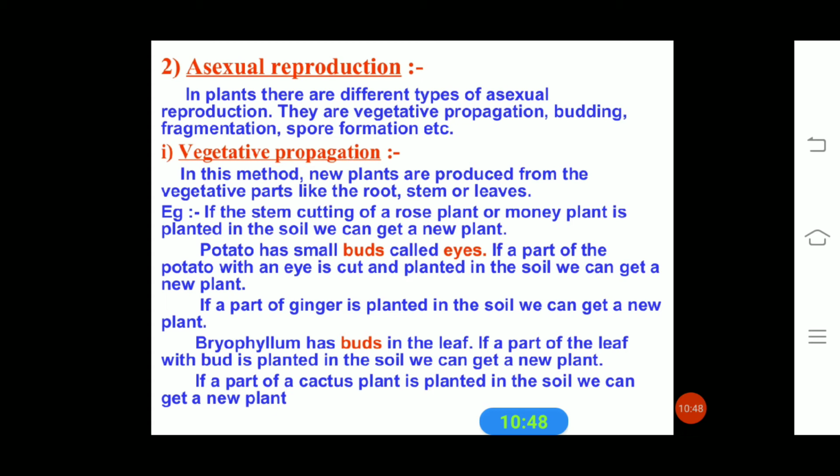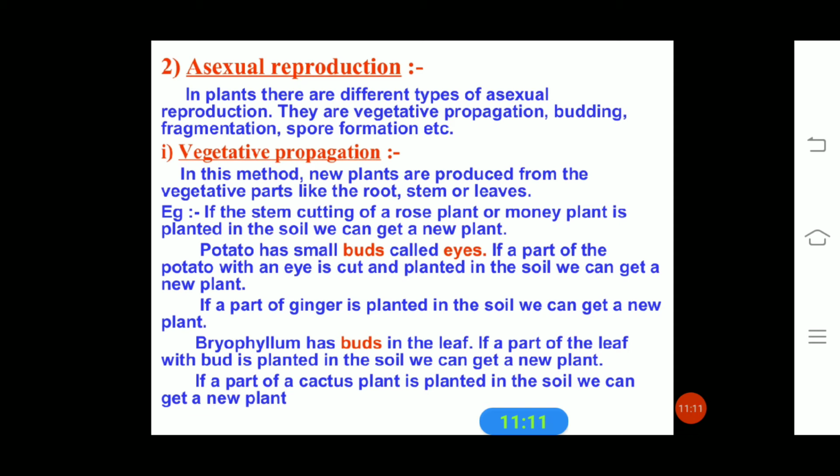I told you that leaves are one of the vegetative parts through which a new plant can be produced, and here is an example: bryophyllum leaves have the capacity to reproduce a new plant. Another example: if a part of a cactus plant is planted in the soil, we can get a new plant.